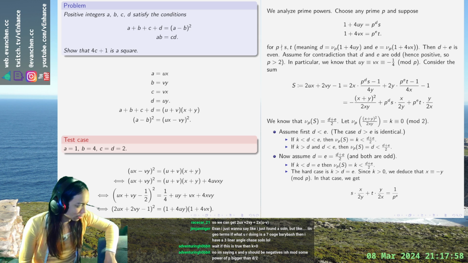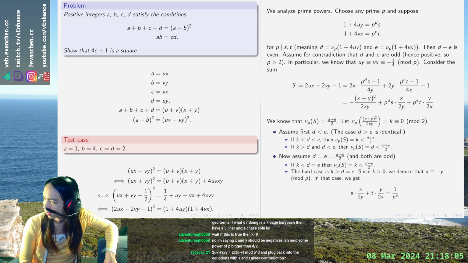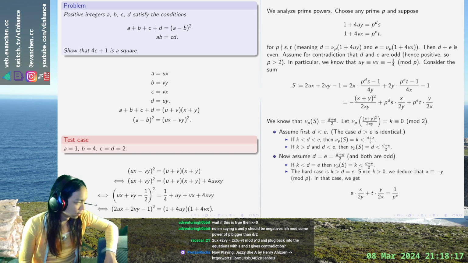2ux plus 2vy, also 2x plus 2vy equals 2xu minus v. How are you getting 2ux plus 2vy equals 2xu minus v?